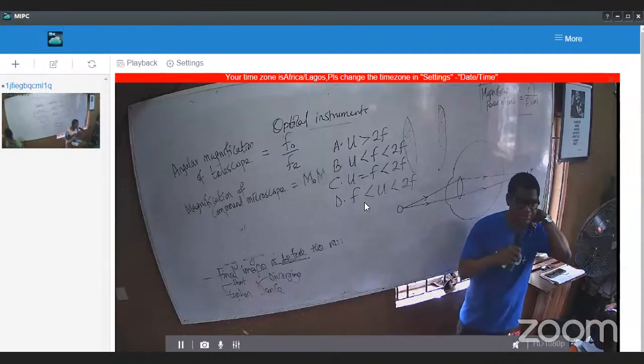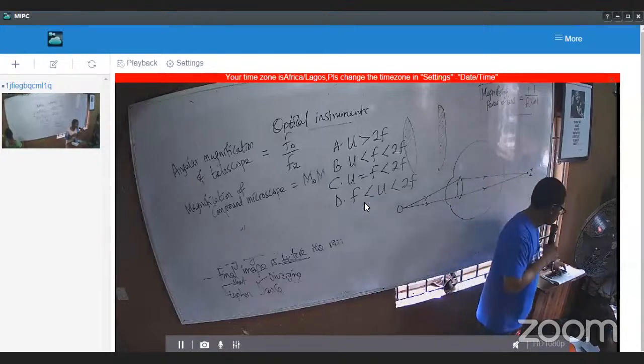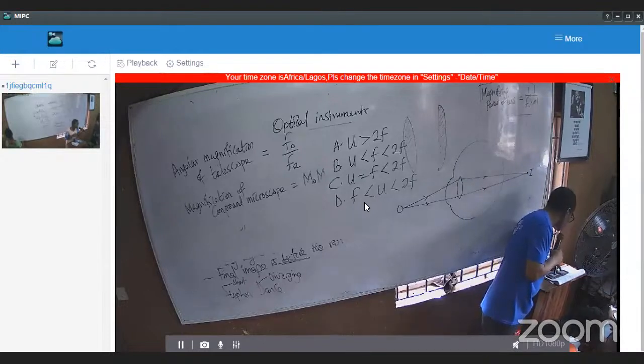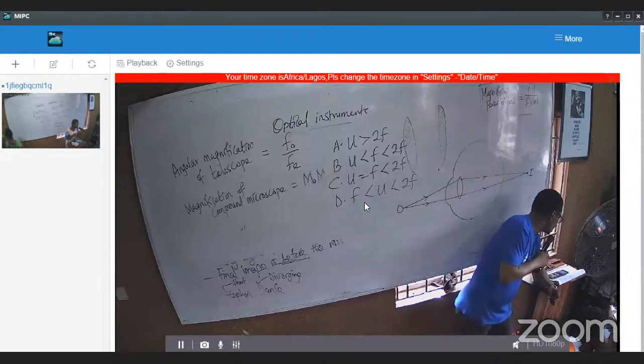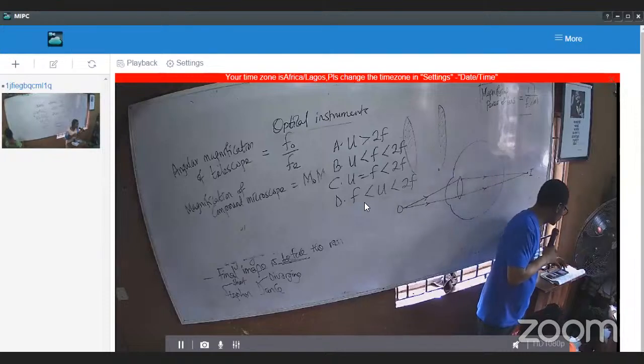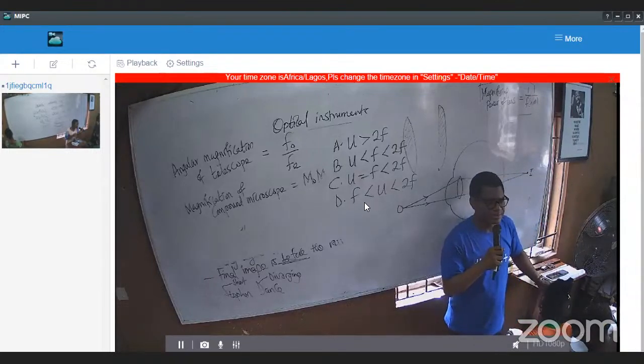The projection lantern is operated in such a way that a slide is placed between the projection lens, outside its focal length.